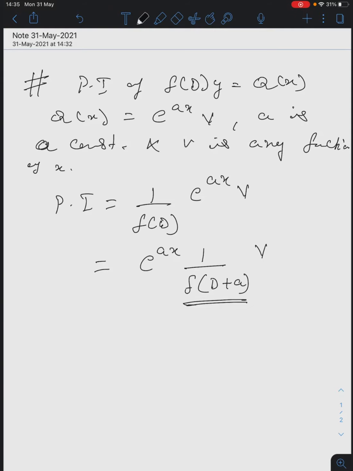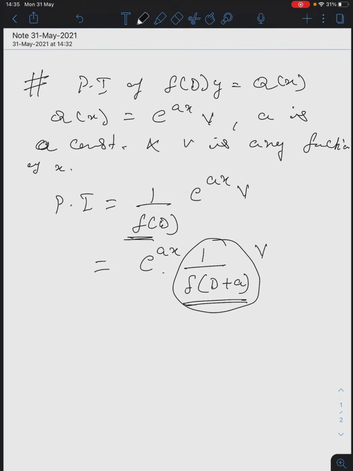What you have to do is take out e to the power ax to the left of f of D and replace every D. Wherever D is there in the function f, D has to be replaced with D plus a, so that your f of D becomes f of D plus a. Now operate this 1 by f of D plus a on v alone by the previous methods.